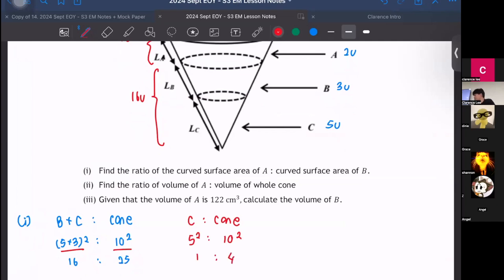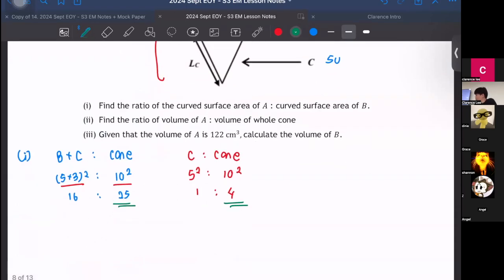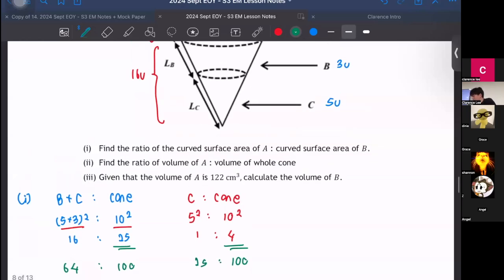Then afterwards, you realize, how come on the left, my cone is 25, on the right, my cone is 4? They are the same cone. If they are the same cone, your units must be the same. So from here, you must make 25 and 4 the same. So LCM is 100. So at the end of the day, simplifying at the beginning was of no use. Okay? So this is what you'll get.